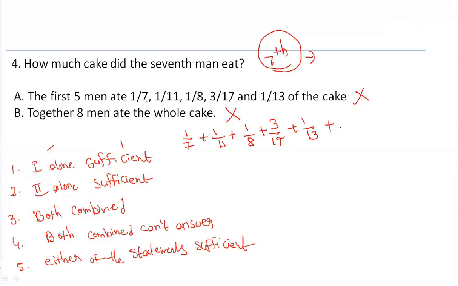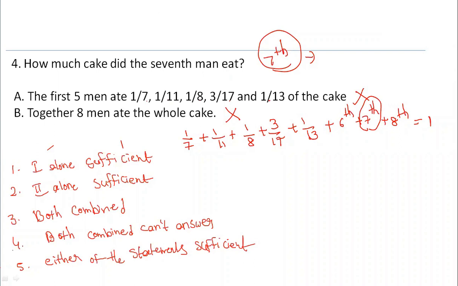We understood that 8 men ate the whole cake, which means the sixth person is there, the seventh person is there, the eighth person is there, and the work is done, which according to the time and work concept equals 1. So can I say how much cake the seventh man ate? No. Still, it's like a variable only. It's not completely numerical. We don't know anything about the sixth, seventh, and eighth person. Though we combine both the statements, we can't answer the question.